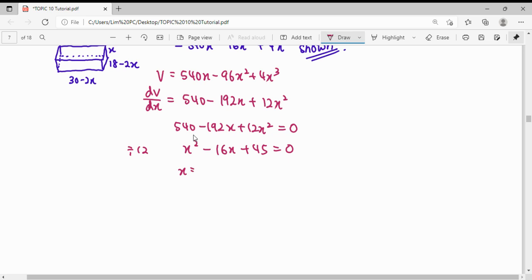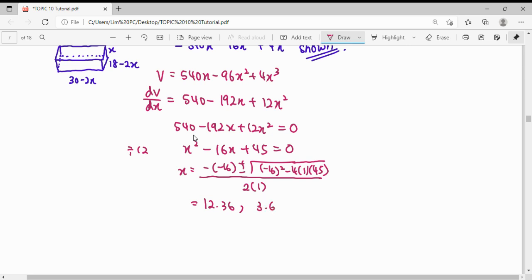We use the formula where x equals negative b plus minus square root of b squared minus 4ac, over 2a. So we get our critical values, which are 12.36 and 3.64.